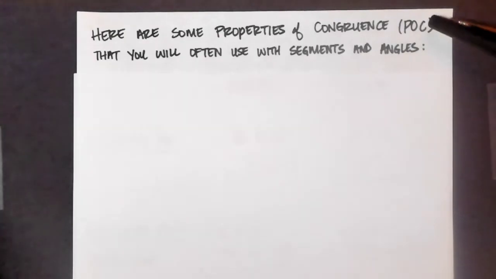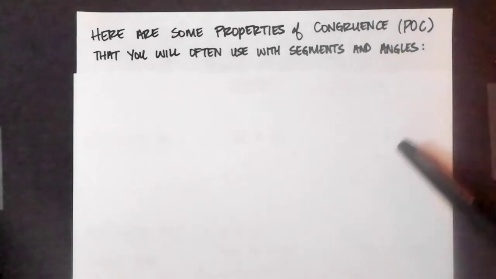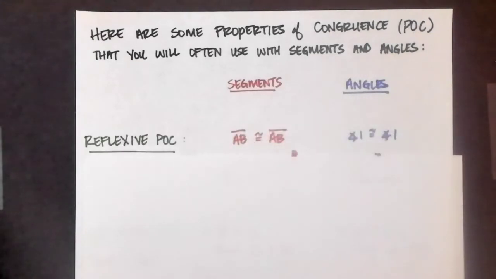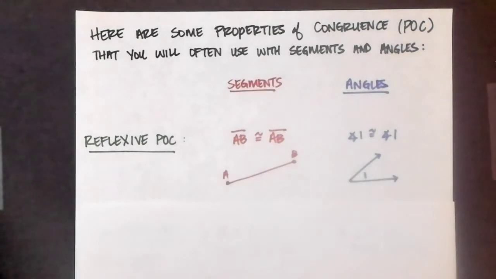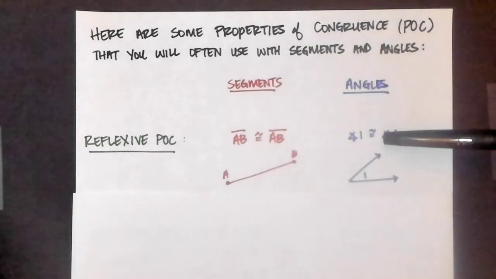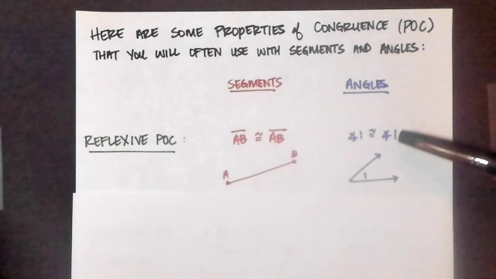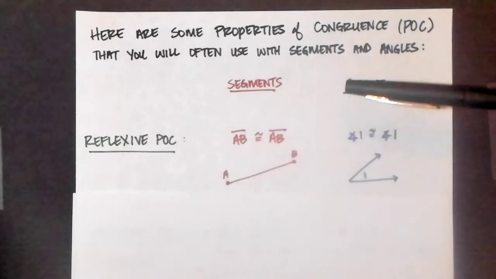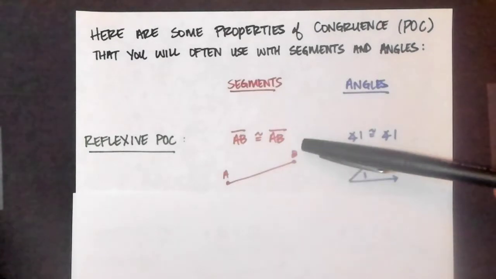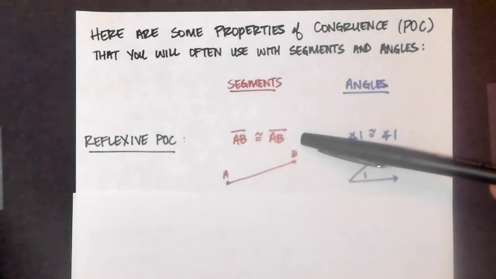Now, here are some properties of congruence, or POCs, that you will often use with segments and angles. And some of these terms should sound familiar because they have properties of equality that represent the same sort of ideas. So in the middle, you'll see segments, and to the right of that, you'll see examples with angles. First is the reflexive property of congruence. For example, if we have this segment here with points AB, we can say that segment AB is congruent to segment AB.